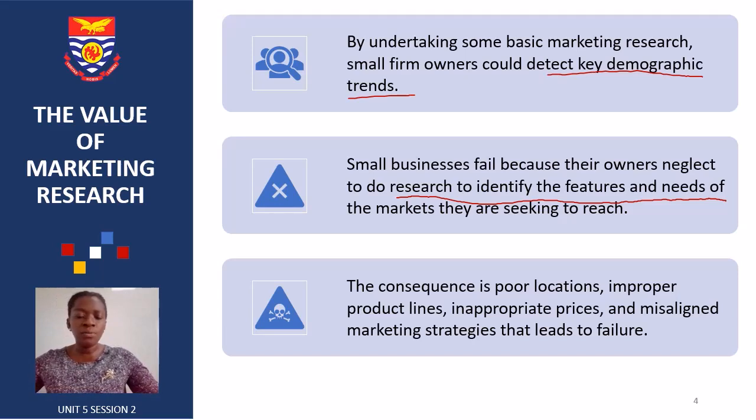Which sector or which part of UCC are you looking out for? Which particular market are you looking out for? Because each segment of the market of UCC has different features you need to work with. And so the consequences are poor location, improper product line, inappropriate prices, misaligned marketing strategy, and a lot more.